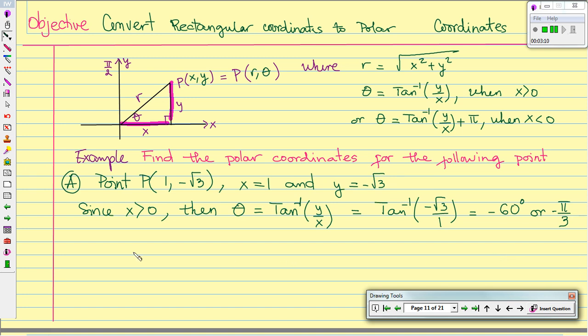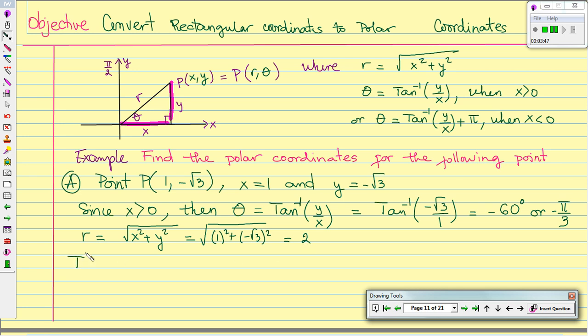Now we have theta. Now we just have to find our r, then we are going to be done. So r equals the square root of x squared plus y squared. So substitute x for 1, so 1 squared, and y for negative square root of 3, squared, and that will give us 2.